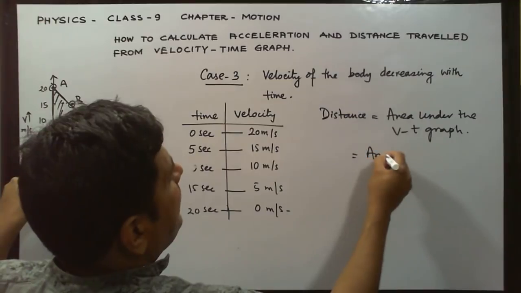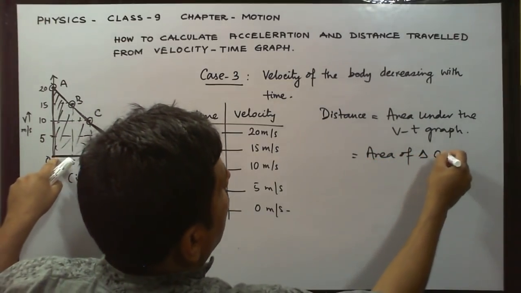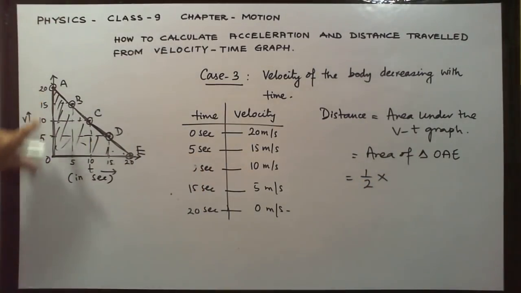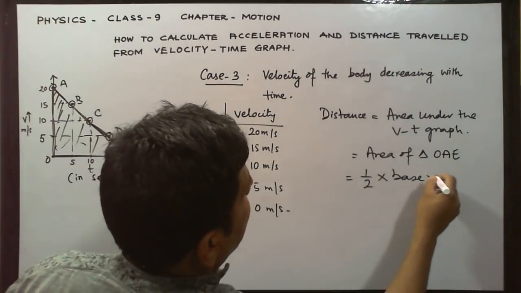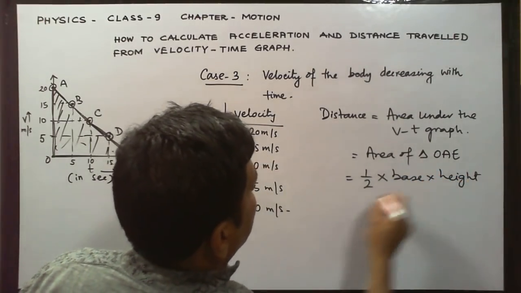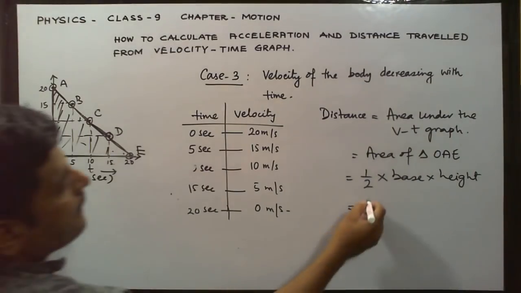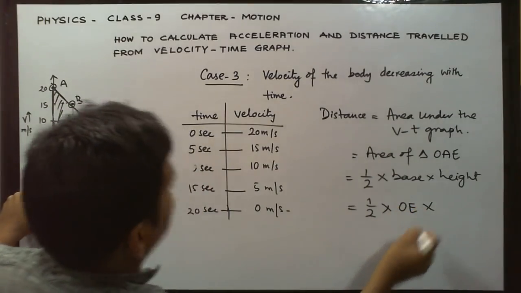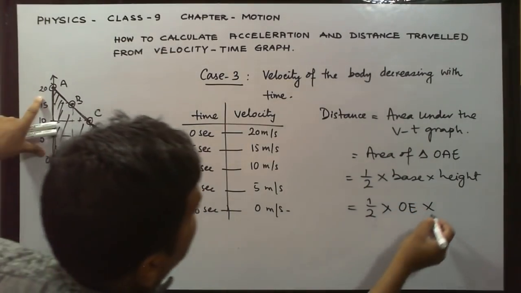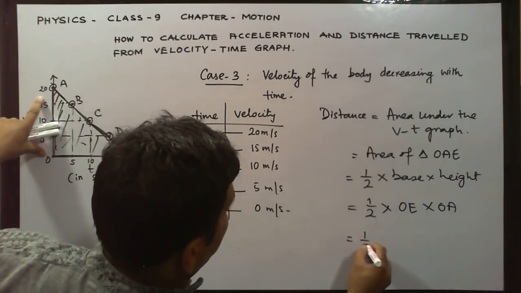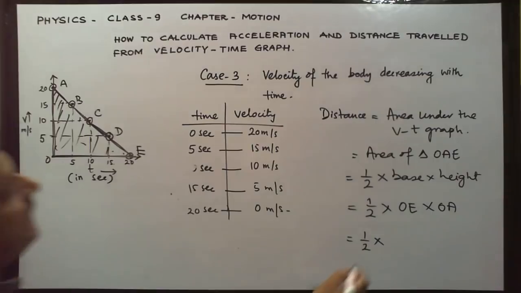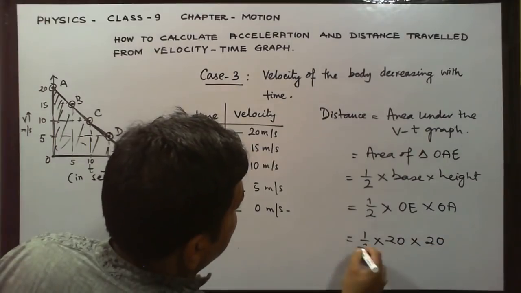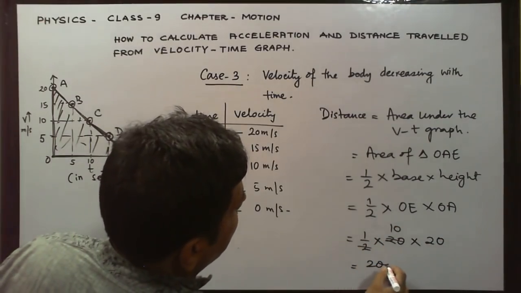This is the area of triangle OAE, so it is half into base into height. What is the base here? It is OE, and height is OA. This is half into, what is the length of OE? It is 20, and OA is 20. So we get 200 meters.